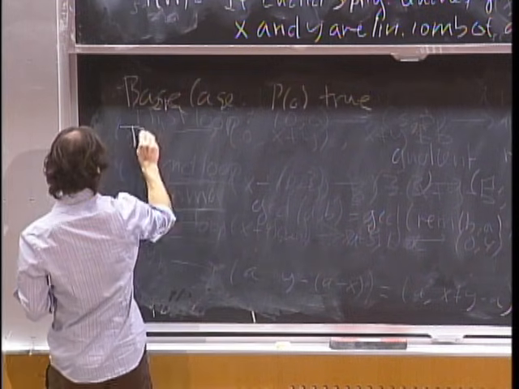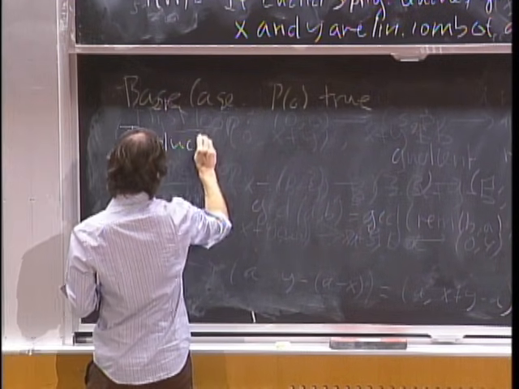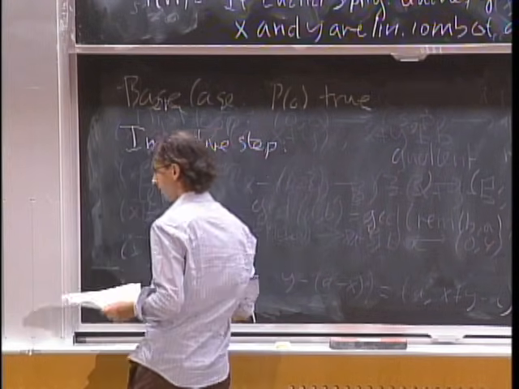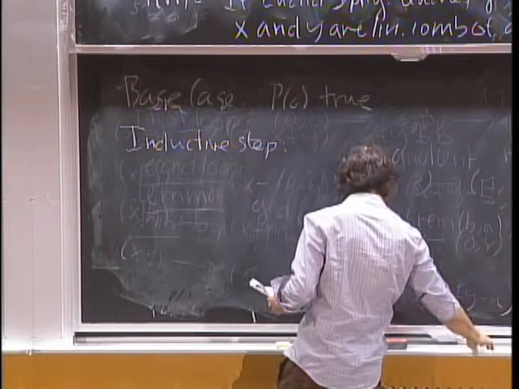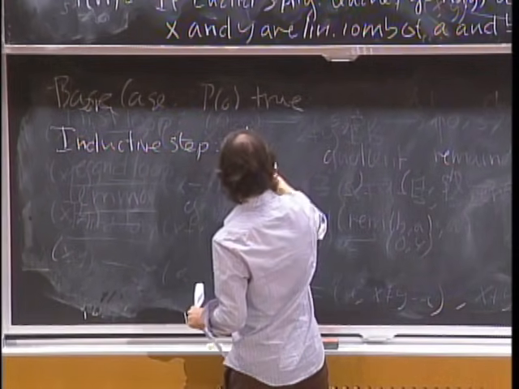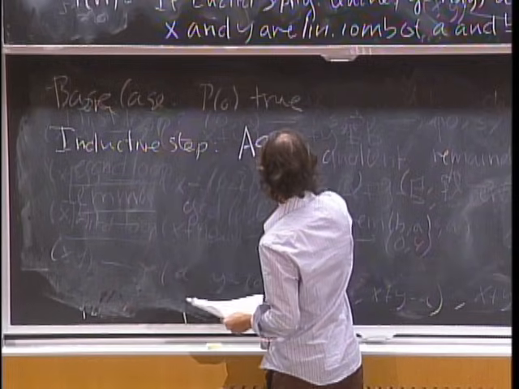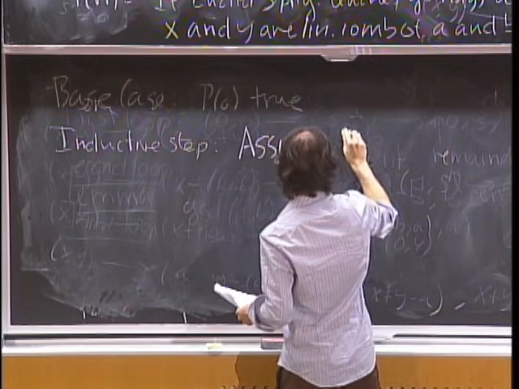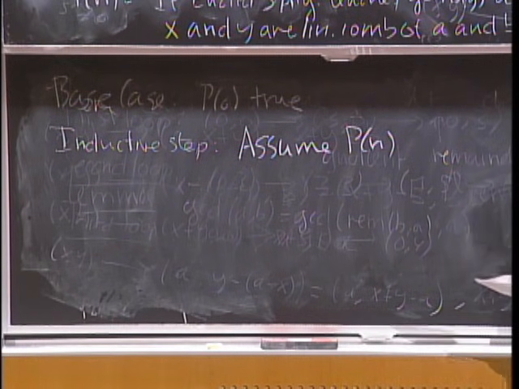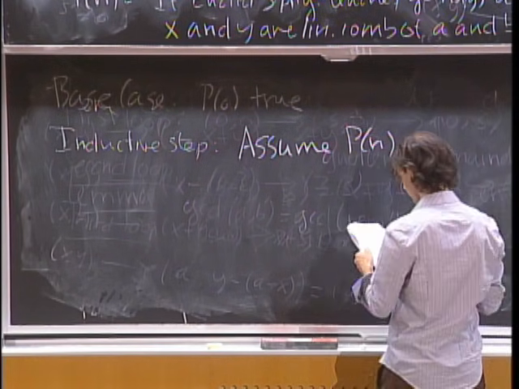Now for the inductive step, we have to do a little bit more. As usual, we always assume Pn, and now we would like to prove Pn plus 1. So how do we do this?